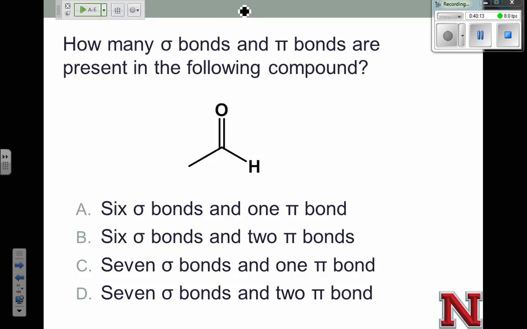The answer? Anyone? So every single bond is a sigma bond. But what am I not showing? You have to consider your hydrogens also. So how many sigma bonds do we have?